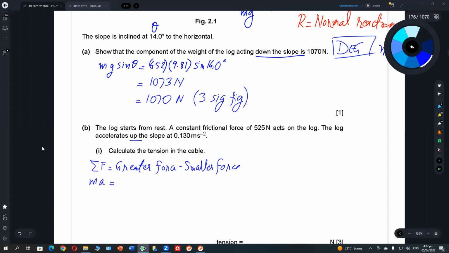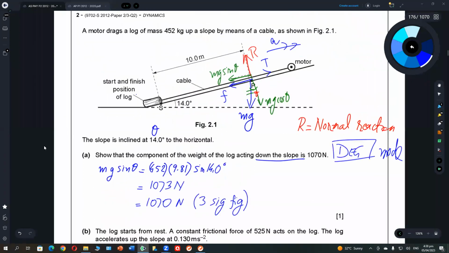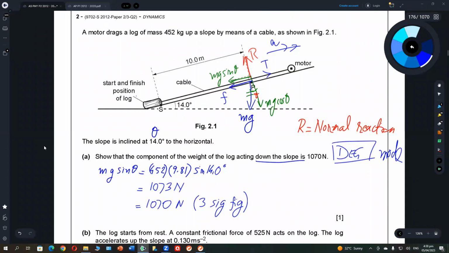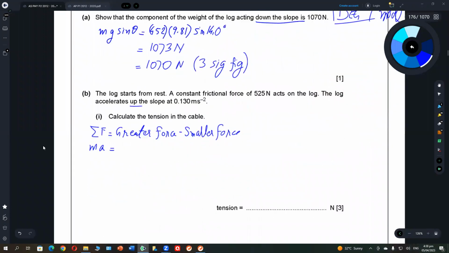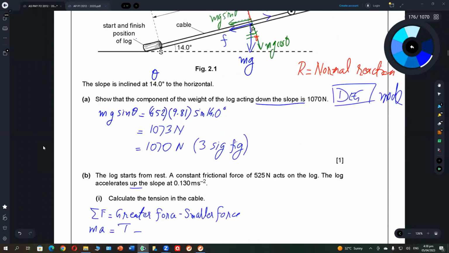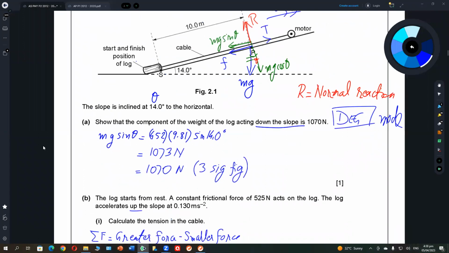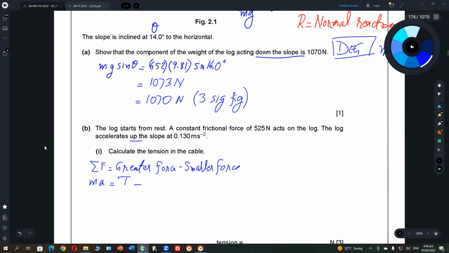Now, from the diagram, where is the greater force? The greater force will be towards the T. Yes, so I put it as T. What are the two smaller forces? mg sin theta and F.